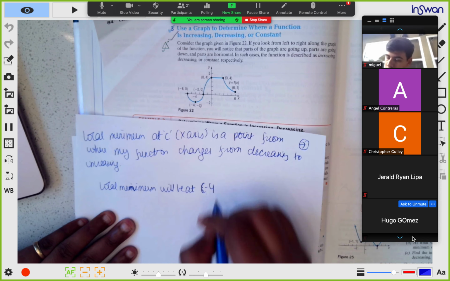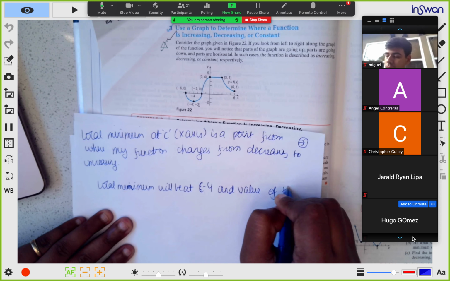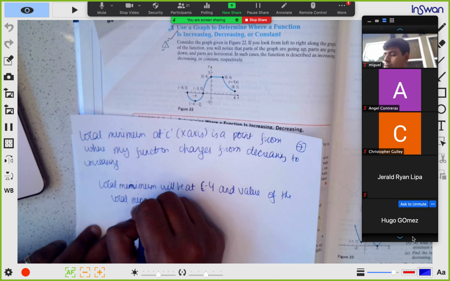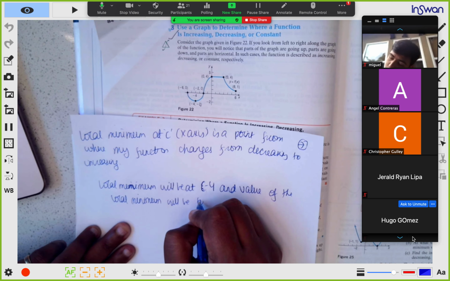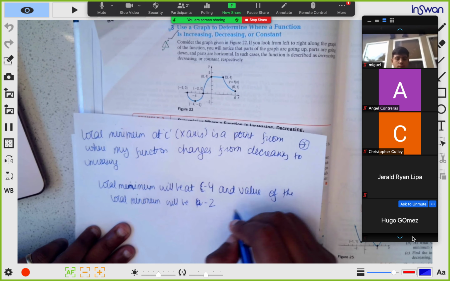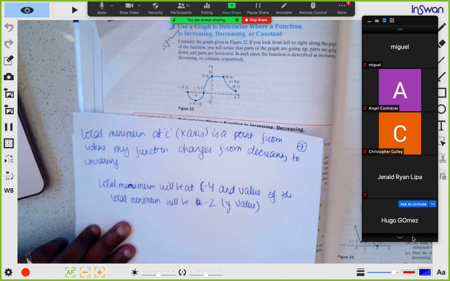The value of the local minimum will be your y value, which is -2. Did you understand or no?